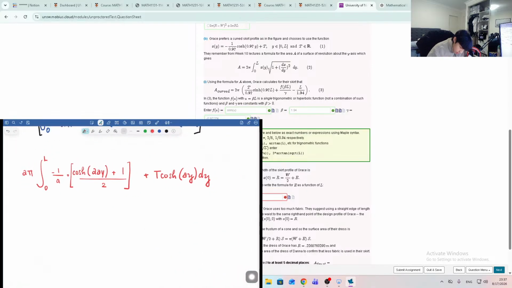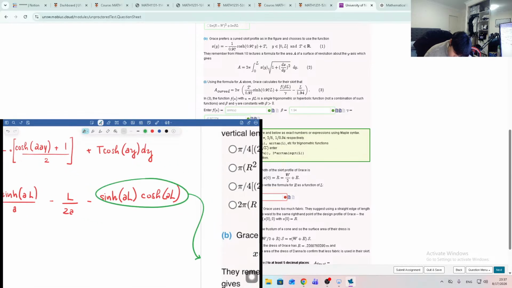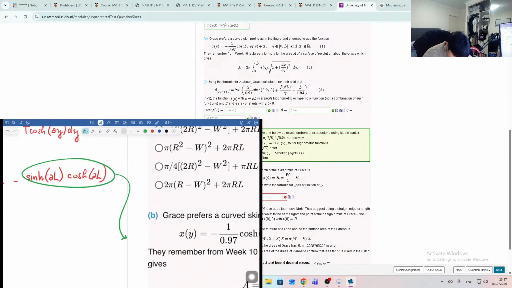Okay, that is equal to 2 pi times t sinh of AL over A minus L over 2A minus sinh AL cosh AL. And this is by MATH1231.